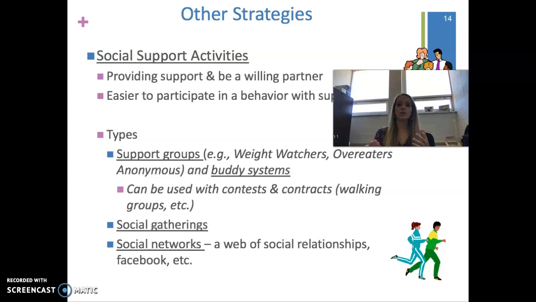Even social networks. So now, a lot of things are happening virtually, but having that web of social relationships can even be like Facebook. I'll give you guys an example. It's not a program, but I'm a part of a social support network for mothers of children with visual difficulties, visual problems.